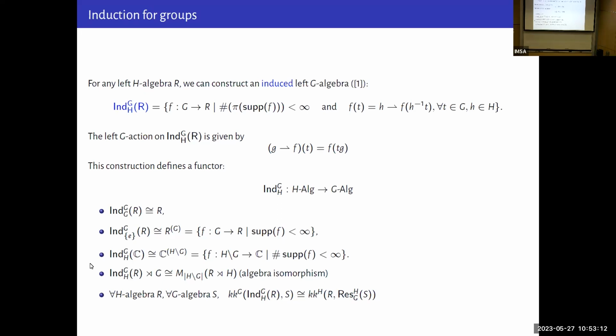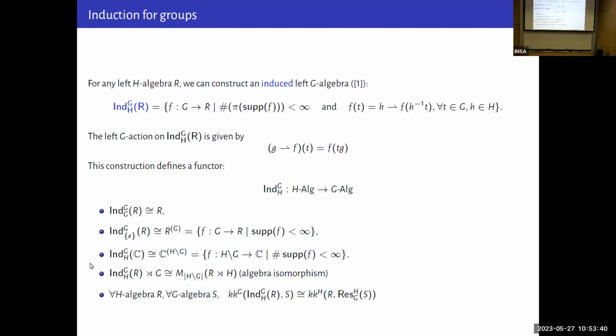If I put the complex numbers, then this induced algebra is the algebra defined on right cosets and also finitely supported. So in case that the algebra is the complex numbers, this tells us that this function is constant because the action is trivial.